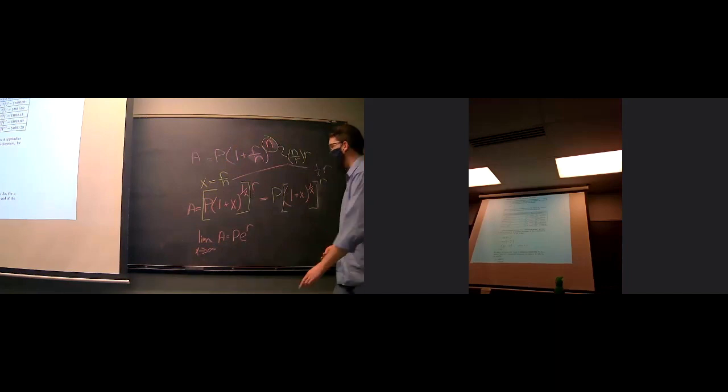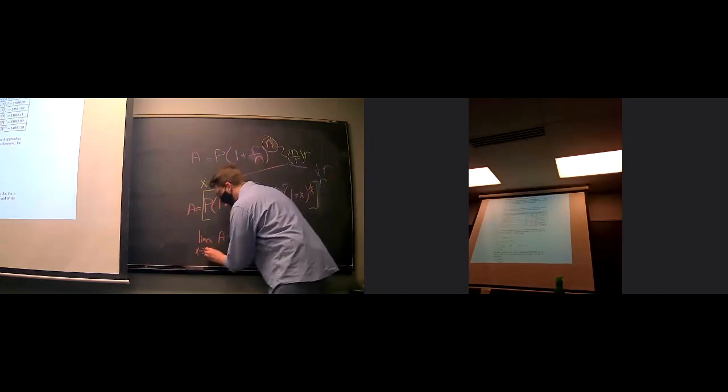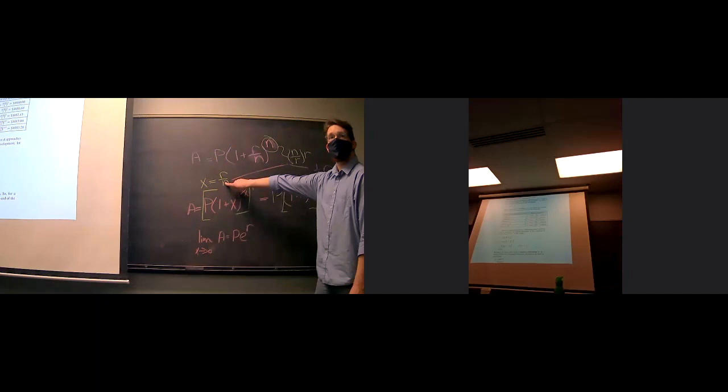Now, why would we send X to 0 here? Because that's like sending N to infinity here, right? And if N goes to infinity, then what we're really saying is we are continuously compounding interest.